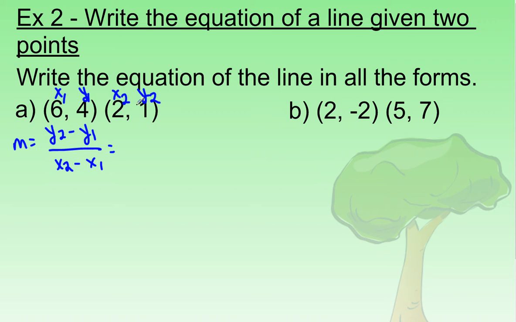So if I just substitute now my junk into the formula, y2 minus y1 over x2 minus x1 equals, now I simplify, 1 minus 4 is negative 3, 2 minus 6 is negative 4, and I simplify, positive 3/4.